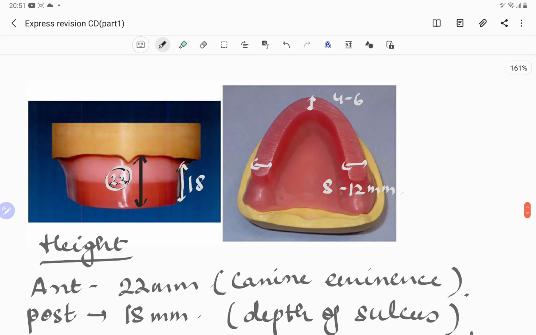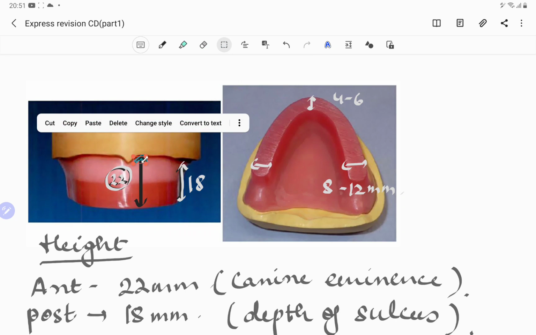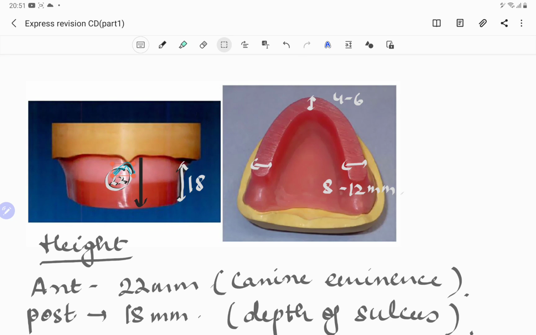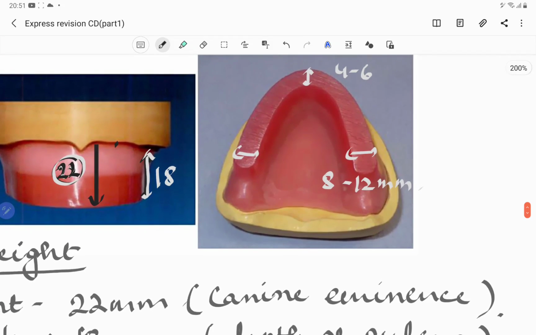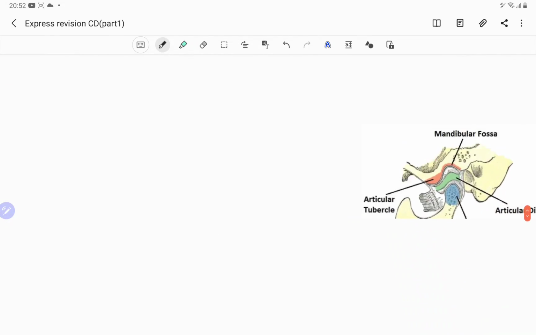Height anteriorly is 22 millimeters when measured from the canine eminence, and posteriorly when measured from the depth of the sulcus, 18 millimeters. But if measured from the crest of the ridge, anteriorly 10 to 12 millimeters, posteriorly 5 to 7 millimeters, and the width anteriorly 4 to 6 and posteriorly 8 to 12 millimeters.